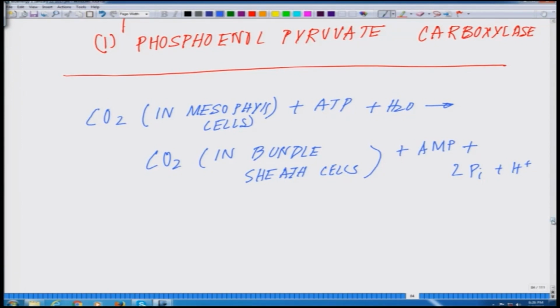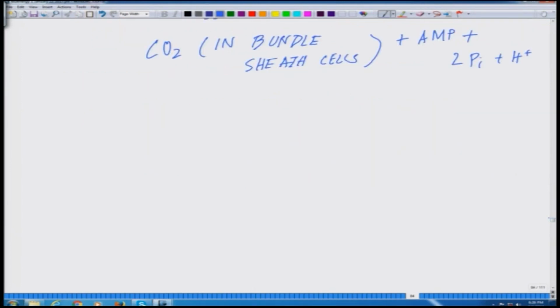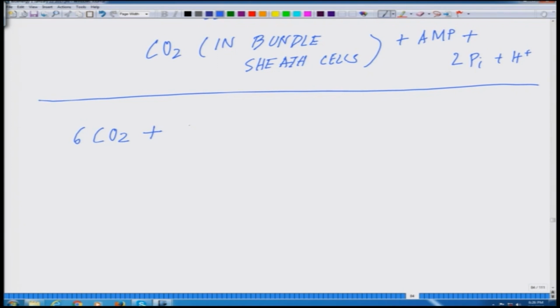Okay. Now, after talking about this basic pathway of C4 cells, let us talk about what is the total consumption of energy in this whole process. So, now 6 CO2, now this is that comparison, plus 30 ATP. Here you see the difference is 30 ATP as compared to the C3 pathway, where you are using 18 ATP.